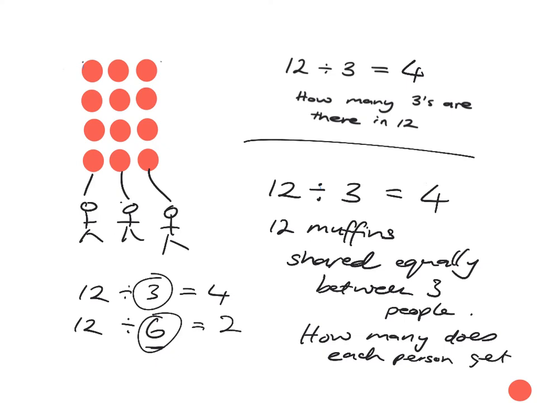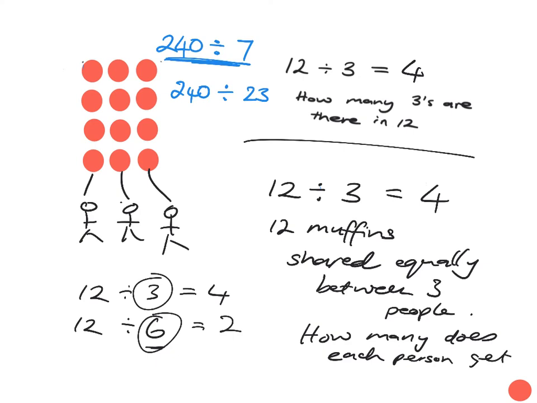Now that's easy to work out, but in another world, if I asked you which is bigger, 240 divided by 7 or 240 divided by 23, those aren't easy calculations to do, but it's an easy answer. Which one's going to give you the bigger answer? Well, here you're only going to share your muffins with 7 people.